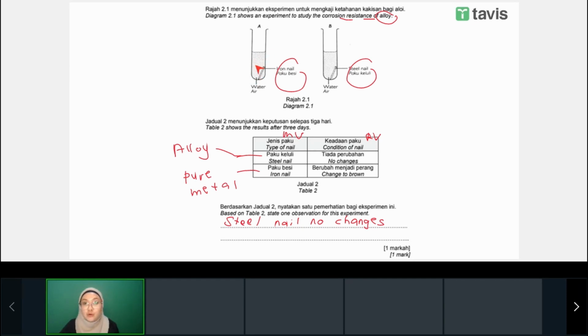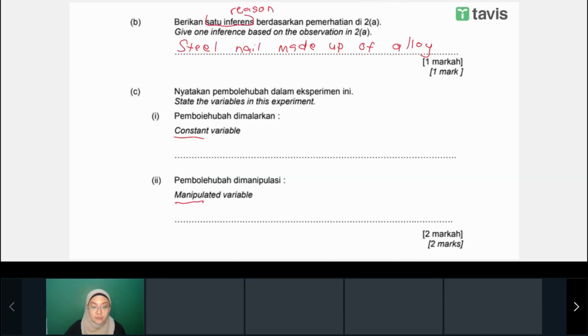Let's say in A you use water, so in B you have to use water as well. In A you use water, then in B you put acid? Cannot. The variable that you cannot change is the constant variable, so the type of the solution. The manipulated variable is the type of your nail. You are using a pure metal and the alloy.